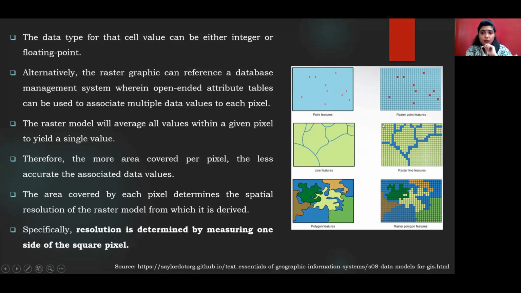So if I want to determine the resolution of this pixel, I will just measure one part of it. Since it is a square, I can measure only one, either the length or the breadth, and obviously all the other three sides will be the same. So when I want to know the resolution of the pixel, I will just measure one side of the pixel.